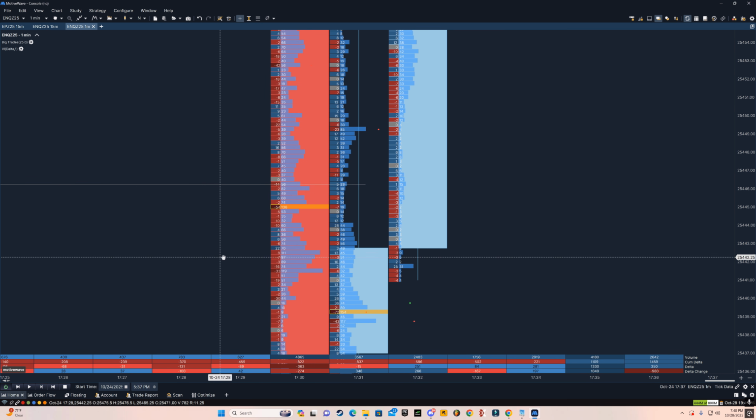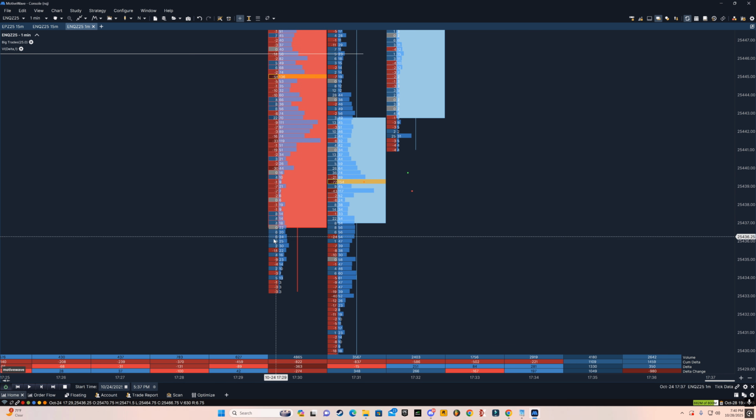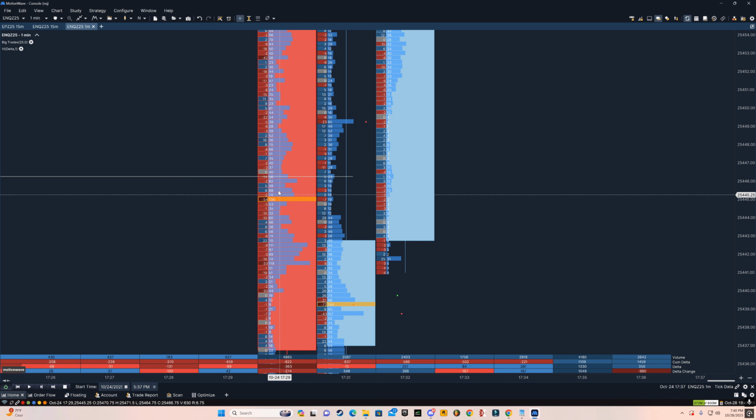Let's go to, let's say, this one over here. On the right side, we have volume, and on the left side, we have delta. What exactly does volume mean? Volume is the total contracts being traded at this specific transaction or price, 25445.